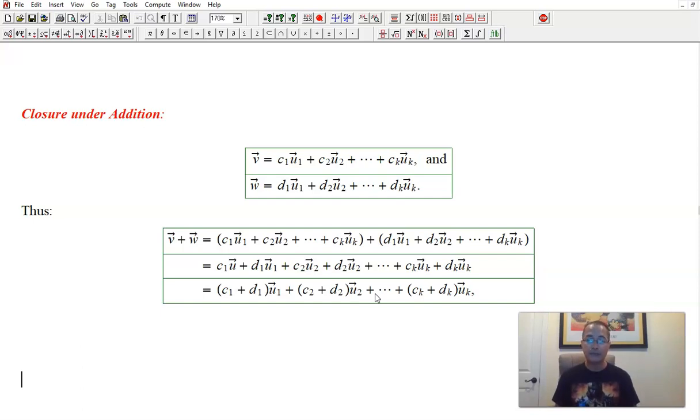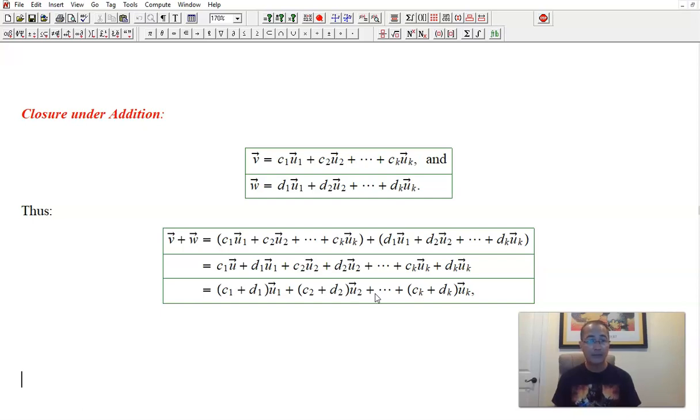So we now have these two vectors from the span. Let's add them together. What is V plus W? So you add those two linear combinations together, and then you use the commutative property. So let's bring C1U1 plus D1U1 together because they both contain U1.